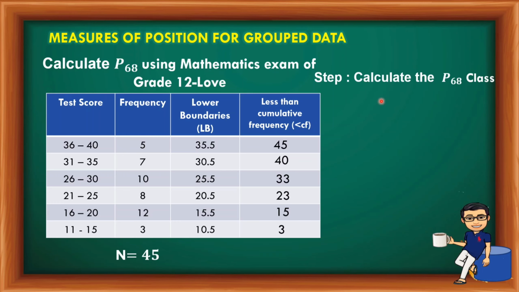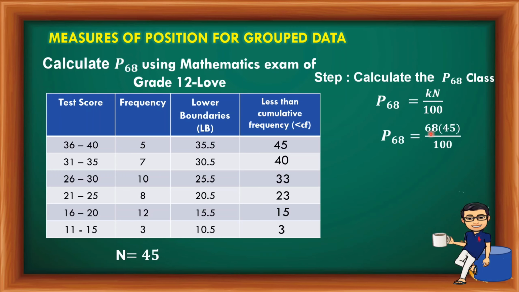So let us now calculate the percentile 68 class, since that's the first thing that we need to understand. To find that, we'll be using k times n over 100, wherein k is equal to 68 since we are looking for percentile 68.